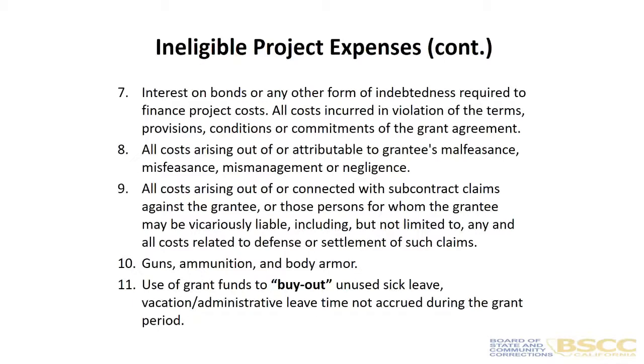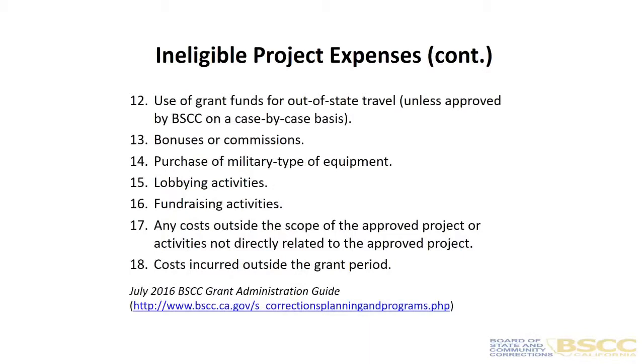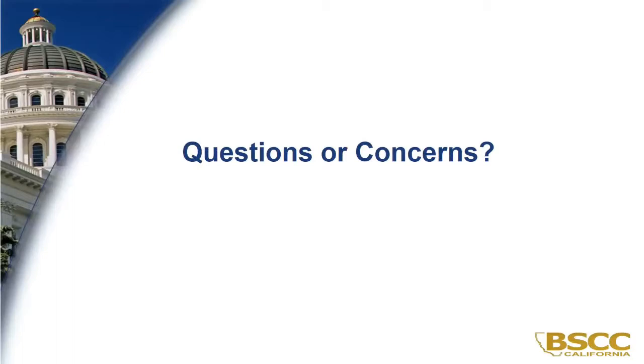It's also provided in your binder for both eligible and ineligible project expenses. Okay. And once again, this information can also be found in more detail in our BSCC Grants Administration Guide. Okay. Any questions, concerns for either budget modifications, anything that you heard?